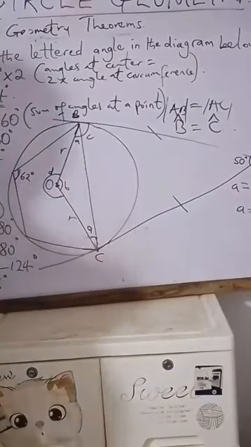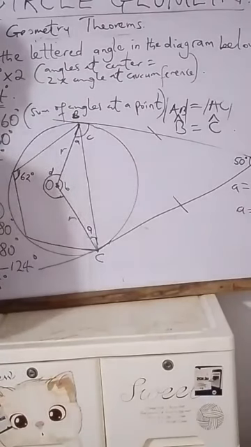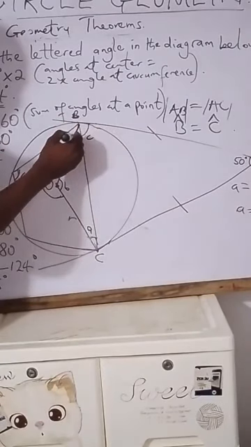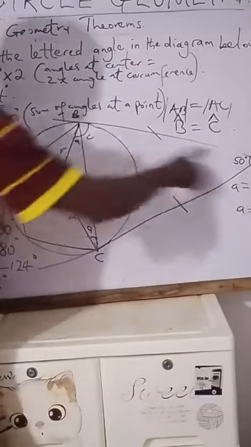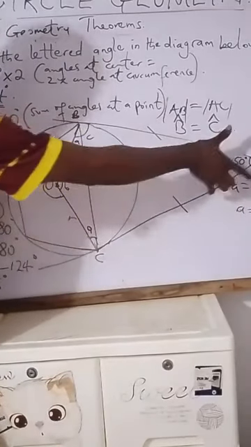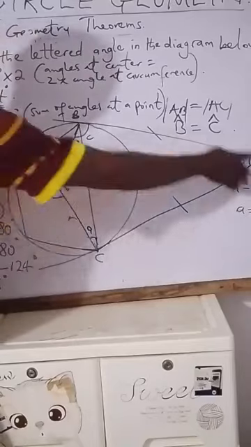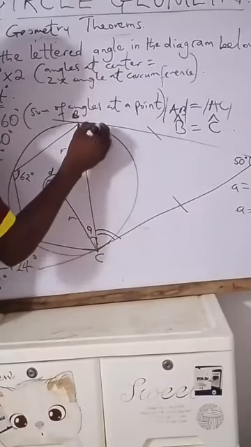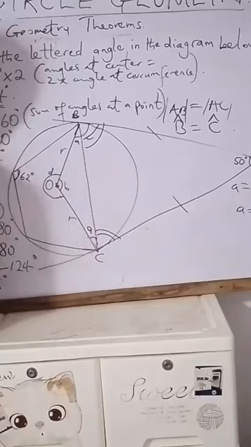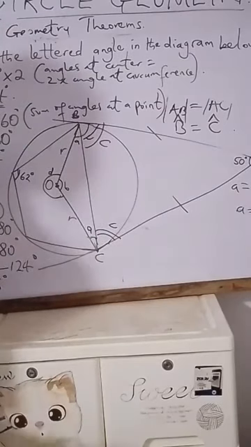If A is 28 degrees, what is C? Remember, C is from here down to here. Now let's go back to that theorem. Theorem says any two tangents from the same point touching a circle must form what? An isosceles triangle. If it's an isosceles triangle, that means the angle here and the angle here must be equal. So if this place is C, this place is also C. Isn't it? Yes.